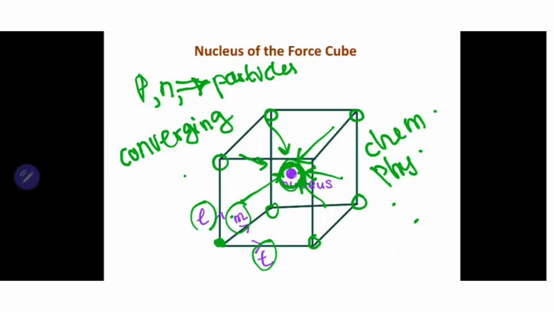Now I mentioned that even though the nucleus attracts these elements, they never reach the nucleus, because if the light, mass and time reach the nucleus, what will happen to the force cube? The force cube collapses.